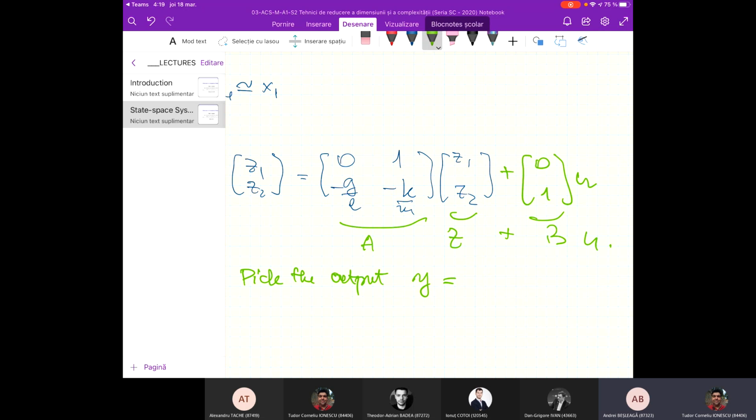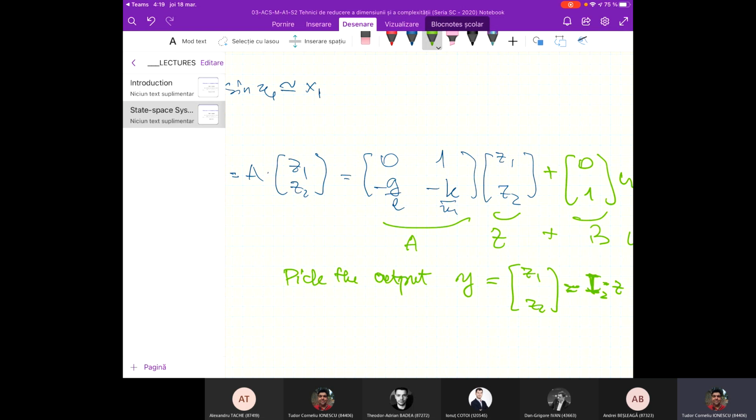Both of them. So you wanted a single input, multiple output. Fine. So y equals z1, z2. So it's the identity, we can write it like this, times the identity matrix, times z. Fine.